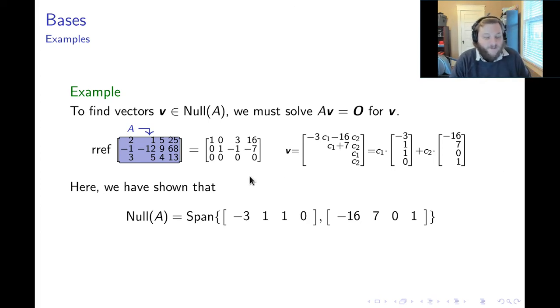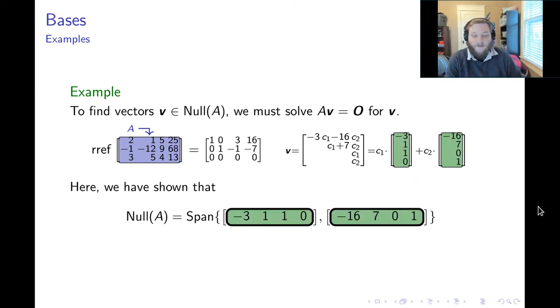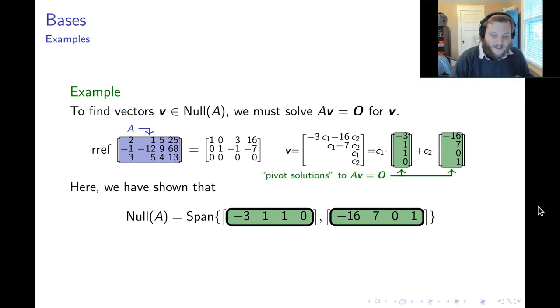What we've effectively done is we've shown in this example that the null space of this matrix is the span of this list of 2 vectors, -3, 1, 1, 0, and -16, 7, 0, 1. And this list of 2 vectors is linearly independent. So this gives us a basis. And people often call these the pivot solutions to Av equals 0.